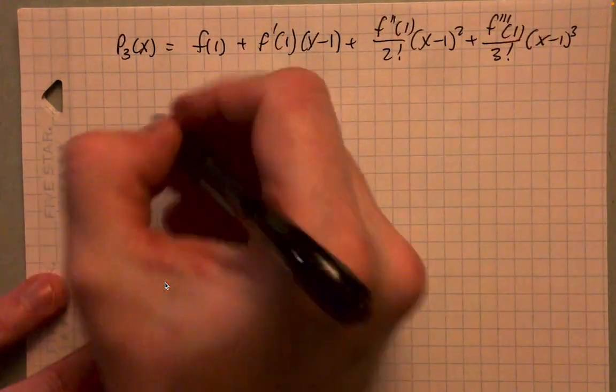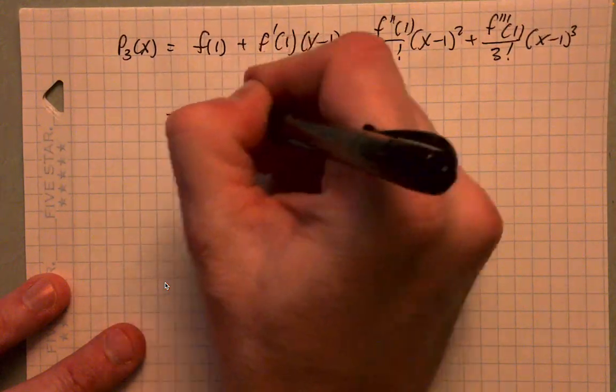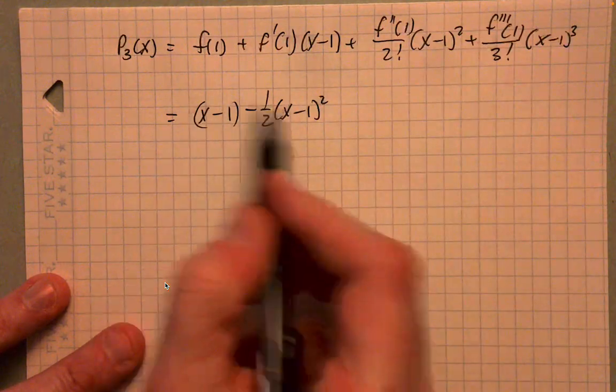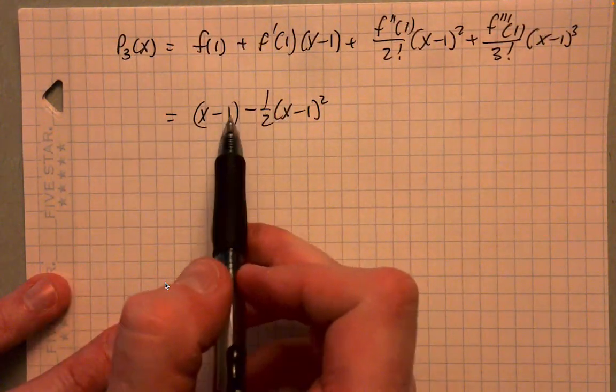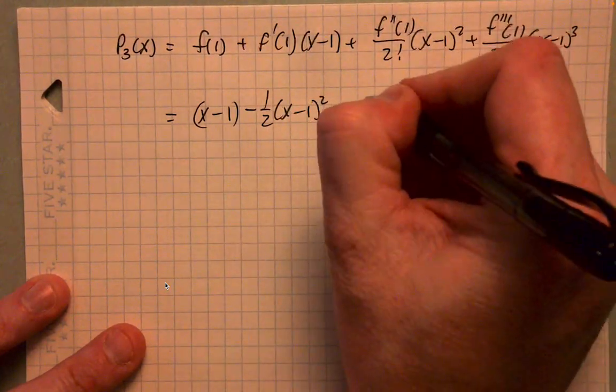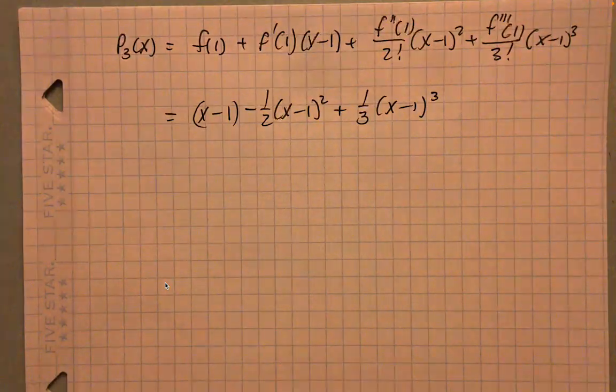Okay, and so this is really going to be the same as before. It's going to be x minus 1 minus 1/2 x minus 1 squared. That's the piece that we had for p2, plus you're just going to add in this last piece here, plus 1/3 x minus 1 cubed.